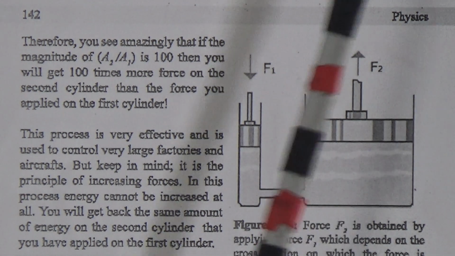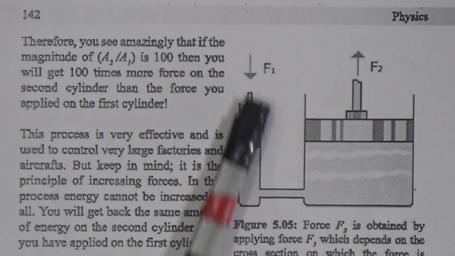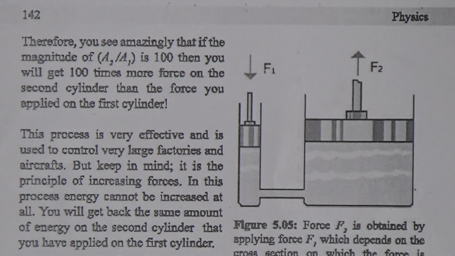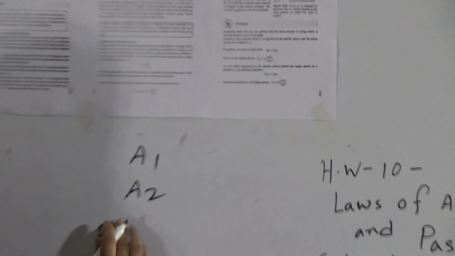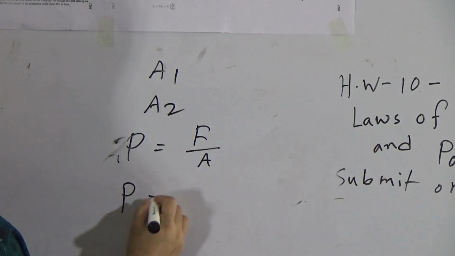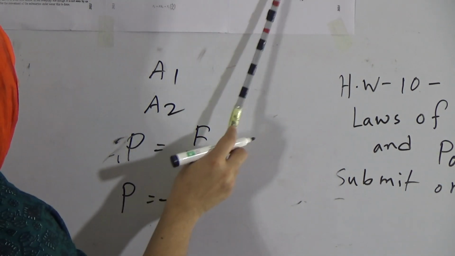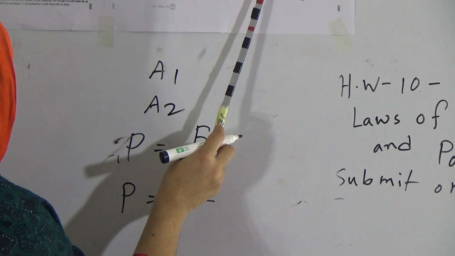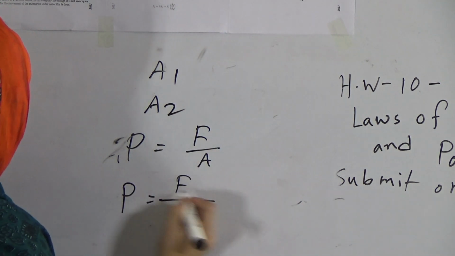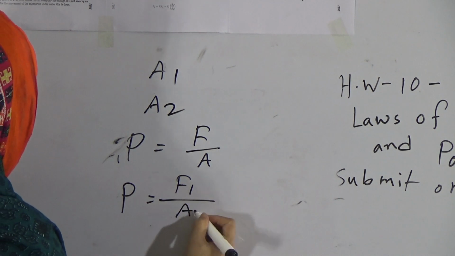Then you apply force F1 on the cylinder of cross sectional area A1, and your pressure will be P equals F divided by A. By using this formula, if we apply force F1 on this cylinder, then we can write P equals F1 divided by A1.